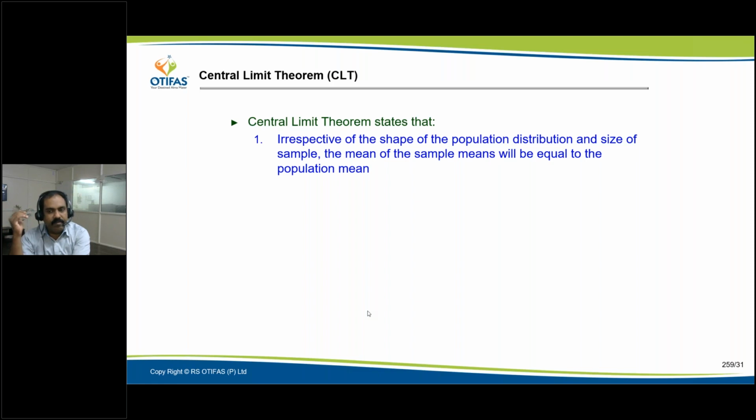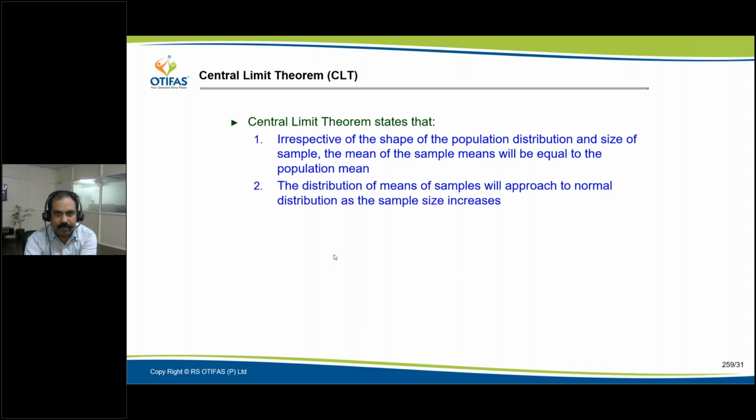When I plot the complete histogram for all these 1,000 data, it's not necessary that I get a normal distribution. But if I take samples of data, with a sample size of more than 25, the sample distribution of the sample means will follow a normal distribution. Let me tell you like this.